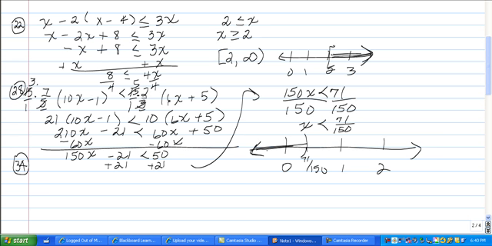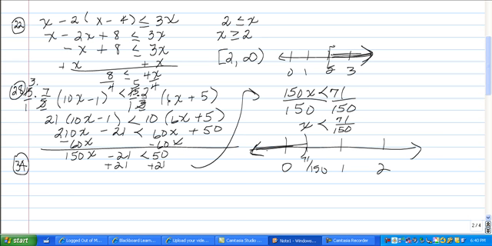Alright, so that's number 28. Okay, our next one we want to look at is number 34. If I can get right to the exact page.